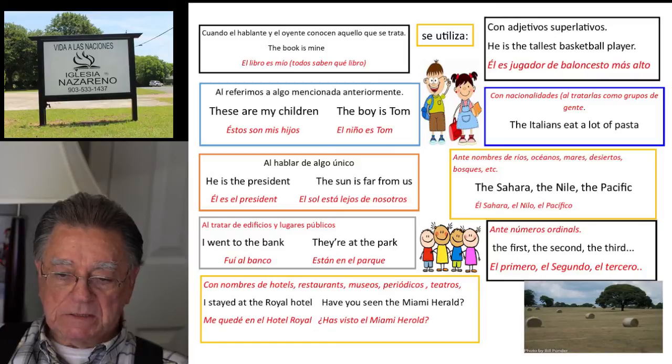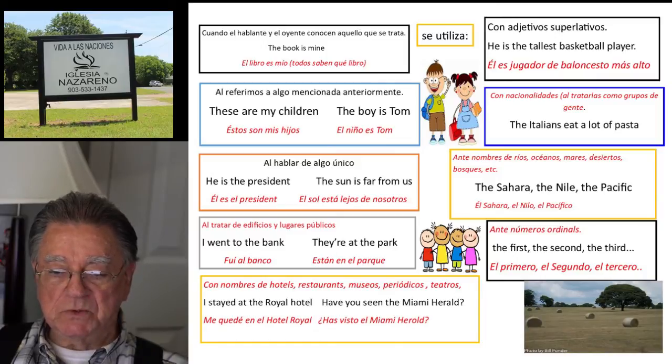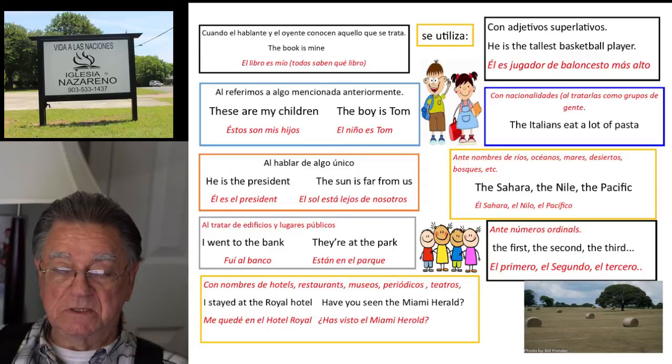Okay, next box. Antes números ordinales. The first, the second, the third. Okay, we put that. It's the first person in line. She is the second person in line. The baby is the third person in line.